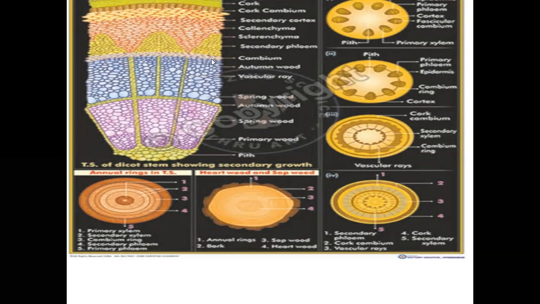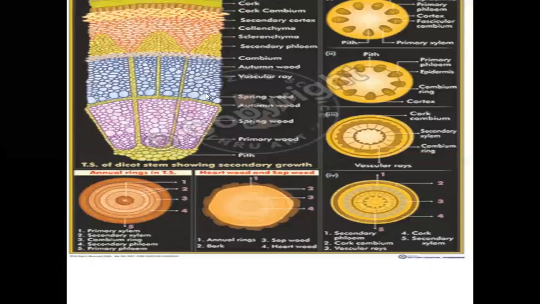In the spring season, spring wood is developed; in the autumn or winter season, autumn wood is developed. Every year these two types of secondary xylem cells are developed from the cambium.